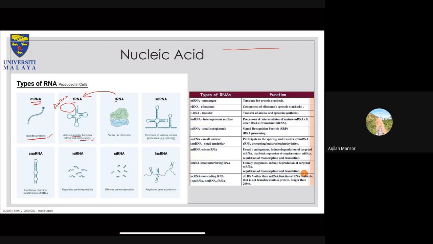Other than that, you have snRNA, splicing RNA, and snoRNAs. Even some of them are quite recent. While I was doing my degree about 10 years ago or so, I had not learned anything about this. I have never heard about snRNA and snoRNA.